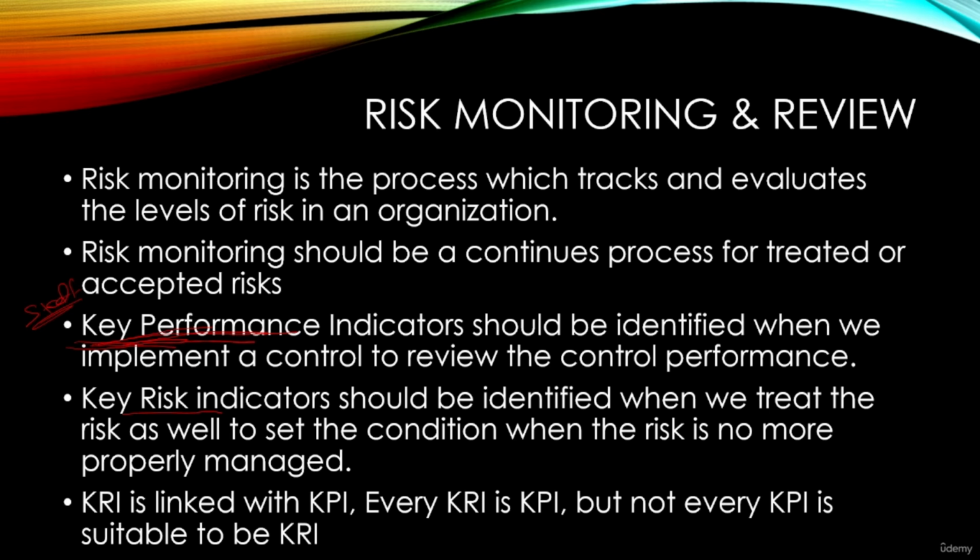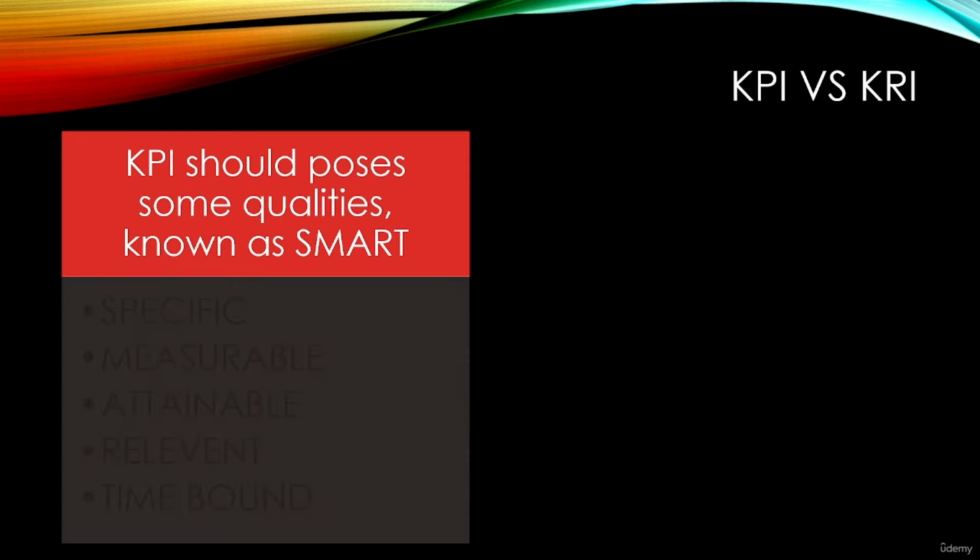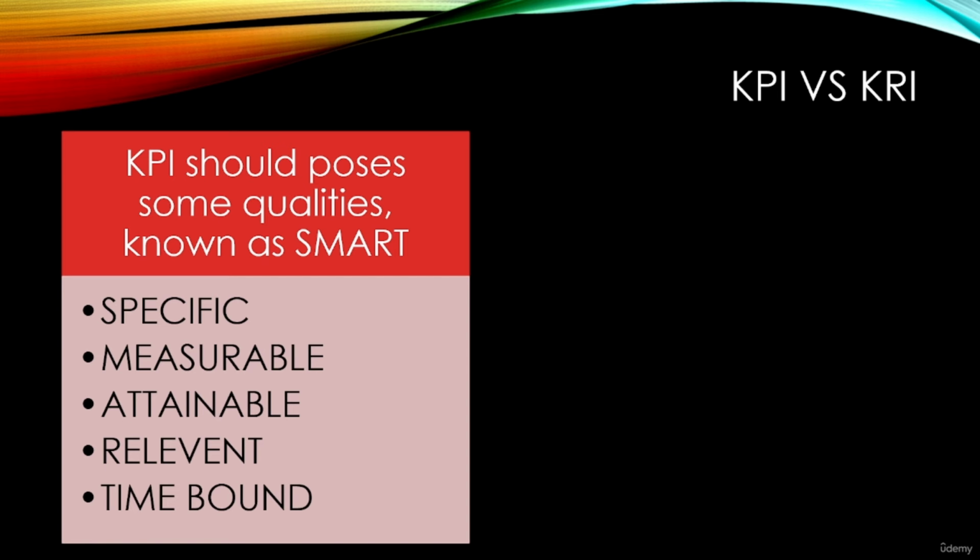So when we select a KPI, we need to make sure that the key performance indicator has some qualities known as SMART. For the KPI which I will choose during control design or control implementation in order to evaluate the effectiveness of the control, I need to make sure that it is specific, which means it is related to this control.